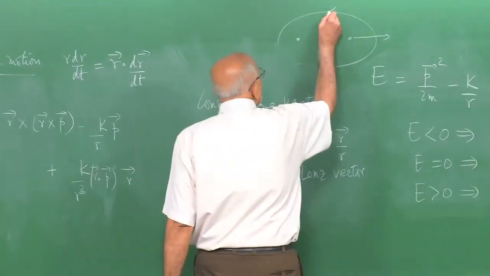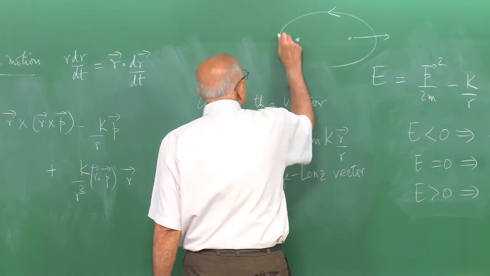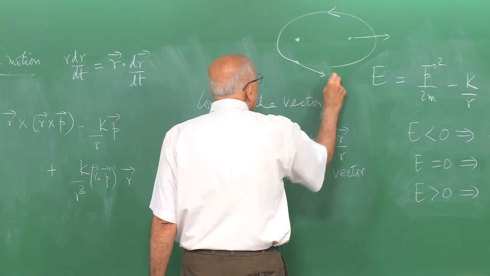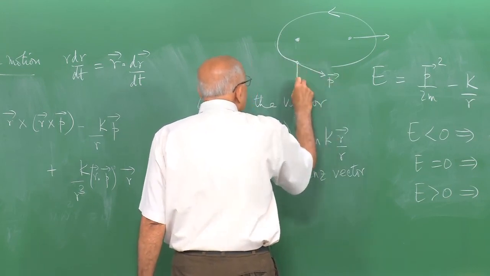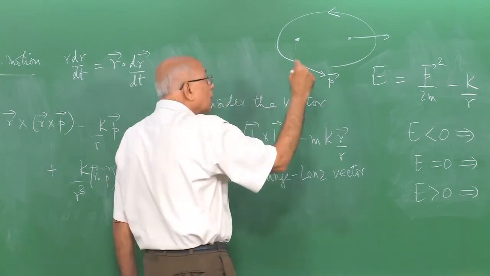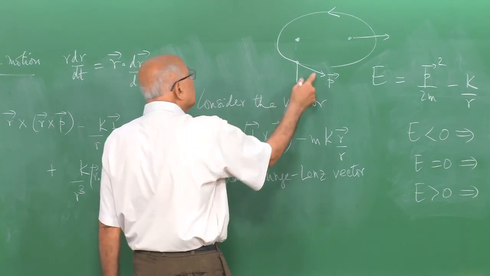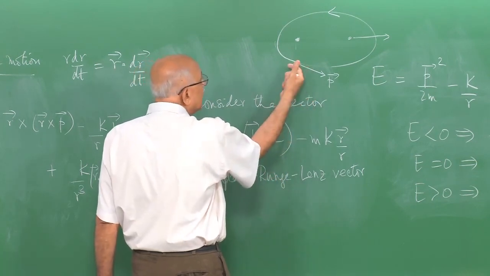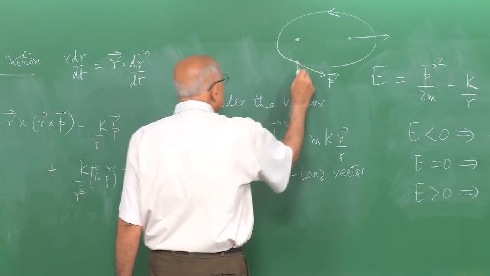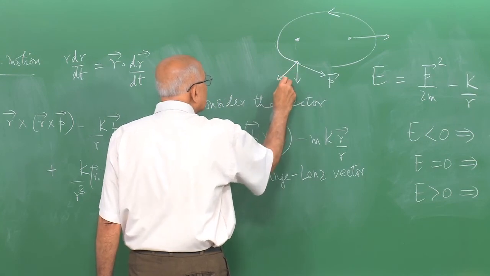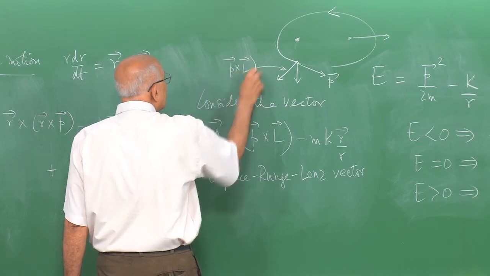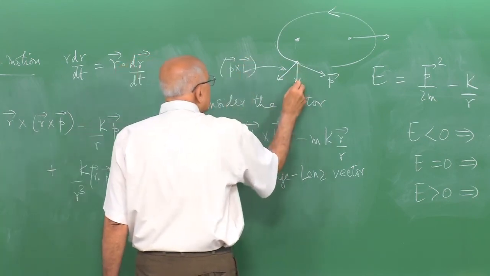For instance, if you are here on the orbit at this point, the p vector is in this direction, the r vector is in this direction, r cross p, the angular momentum, goes in, and then you have to do a p cross L, whatever has gone in, and the result is going to be a vector in this direction. This is going to be p cross L, and this vector minus this is this vector here.